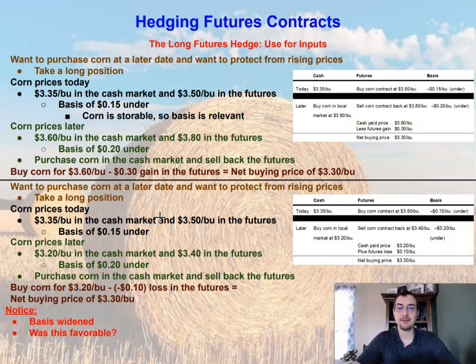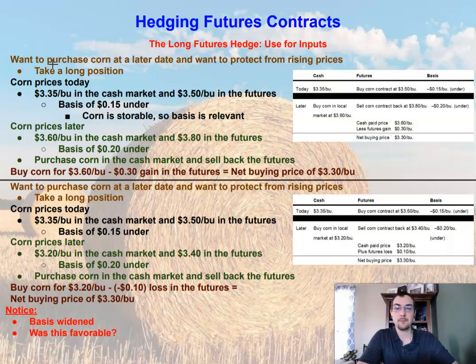Keep that in mind, because when we talk about the net buying price, it will come into play a little more. That is money leaving your account.